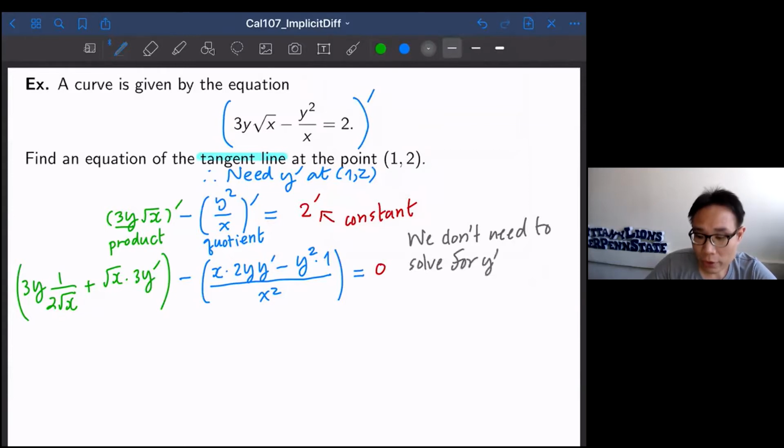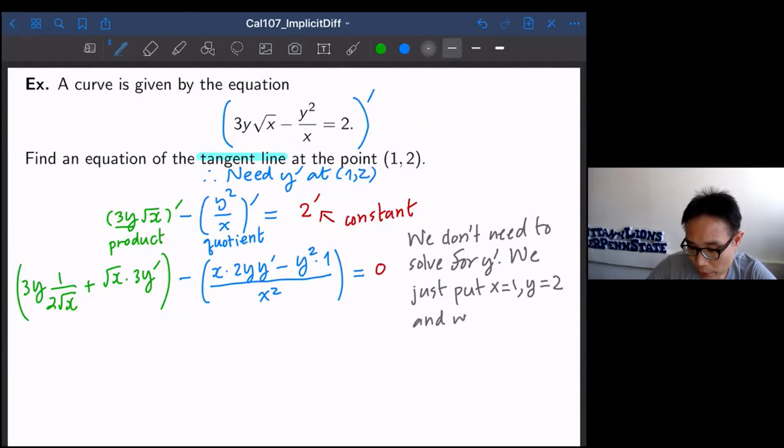Okay, we just put x equal to 1, y equal to 2, and we have y prime at (1, 2).